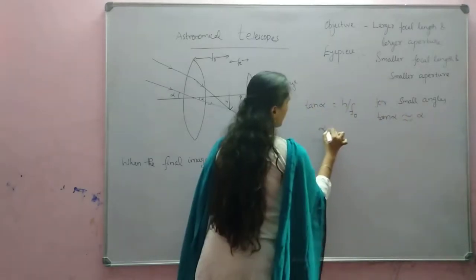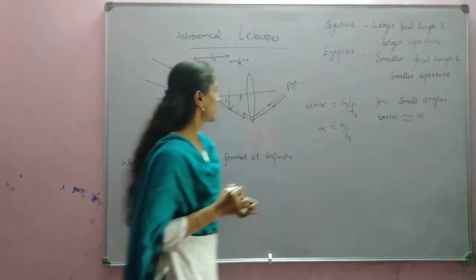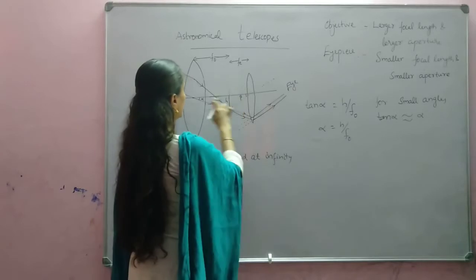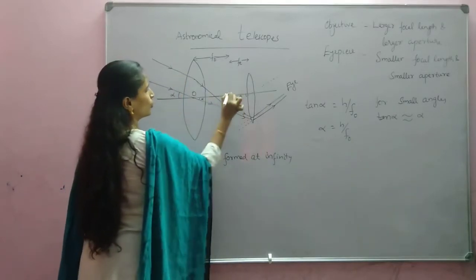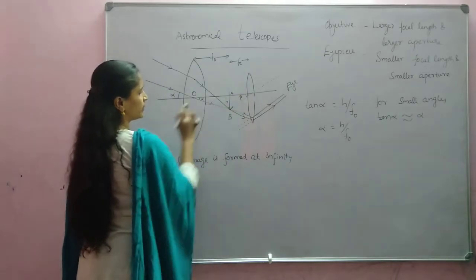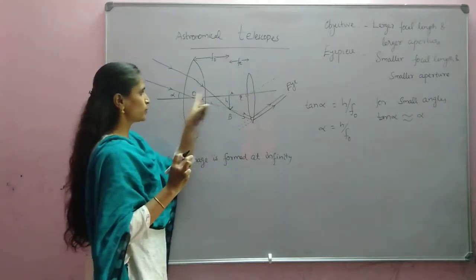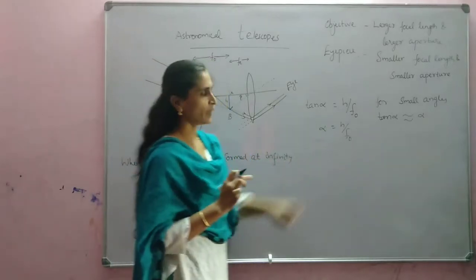So we can write alpha is equal to h by Fo. From the triangle OAB we can write tan alpha is equal to h by OA, OA is equal to Fo, so alpha is equal to h by Fo.